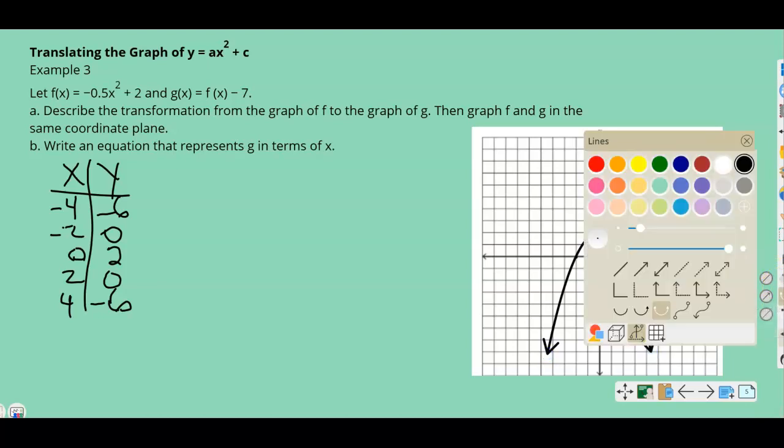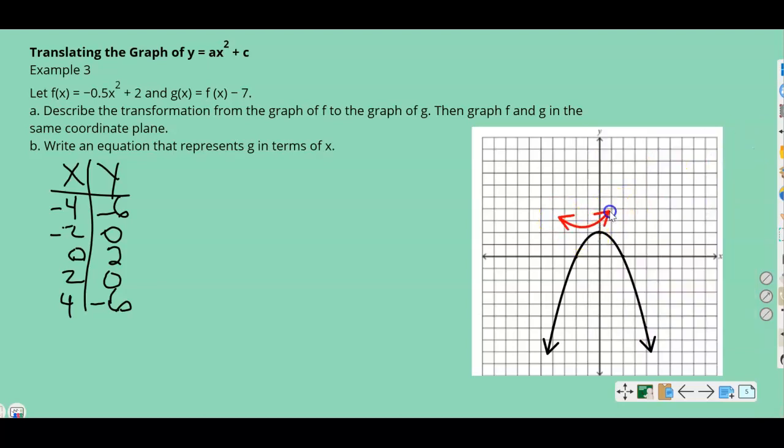I'm going to go ahead and do another one real quick, exactly the same, so that we can just use that as a translation. All right, so now we have another function graphed on top of that one.